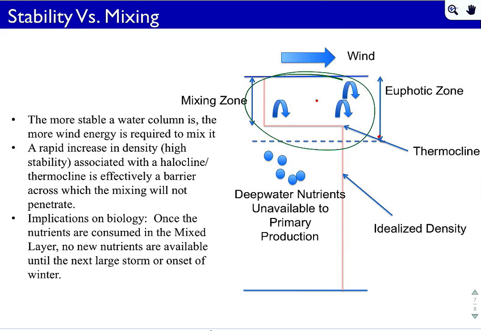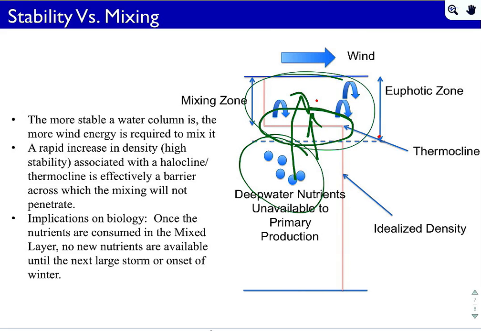You only have recycled nutrients at that point. These deep water nutrients aren't available because they can't get mixed up into the area of primary production. And it takes until fall, when the water column is broken down and we can mix through this barrier essentially, to bring up the deep water nutrients into the water column.